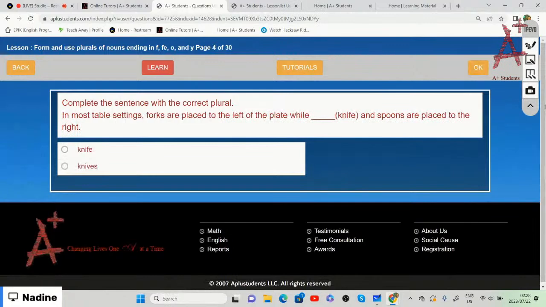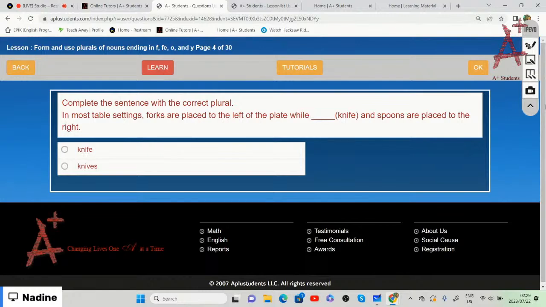We need to complete the sentence with the correct plural form. In most table settings, forks are placed to the left of the plate, while knife, which we're going to change, and spoons are placed to the right.